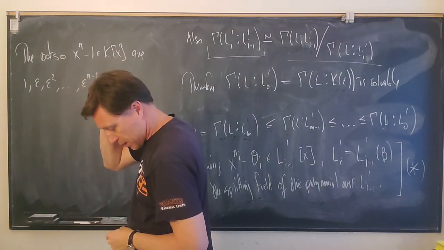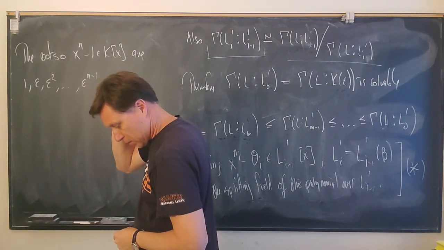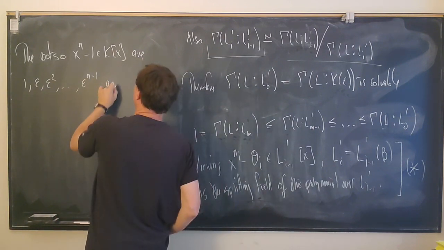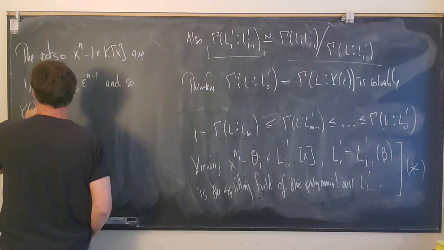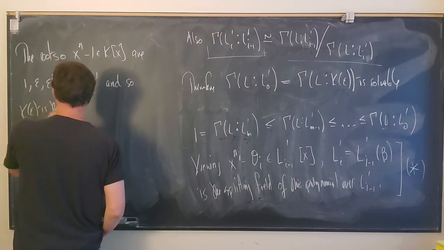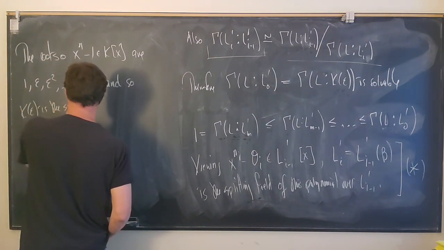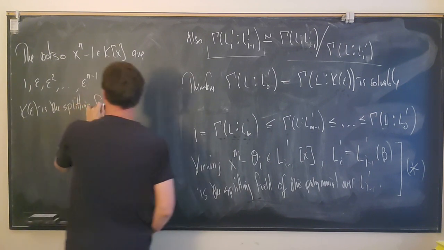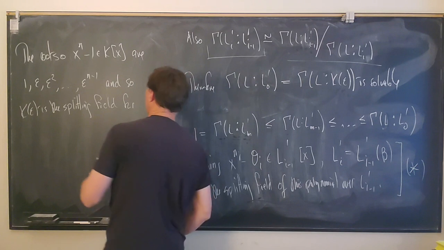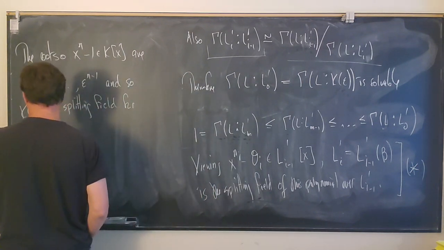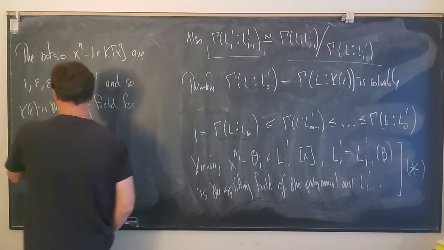And so K adjoin epsilon is the splitting field for this polynomial, x to the n minus 1 over K.